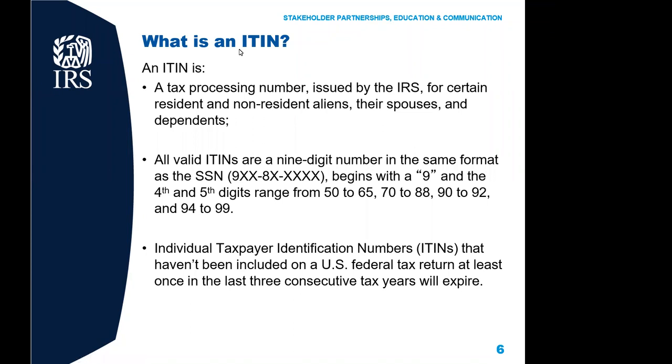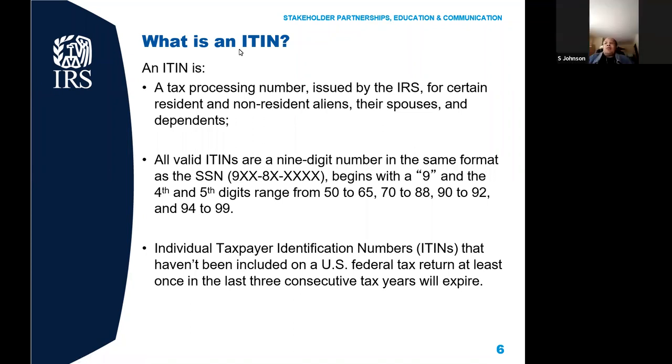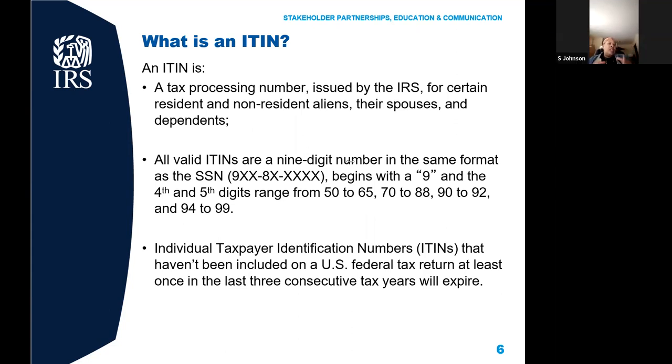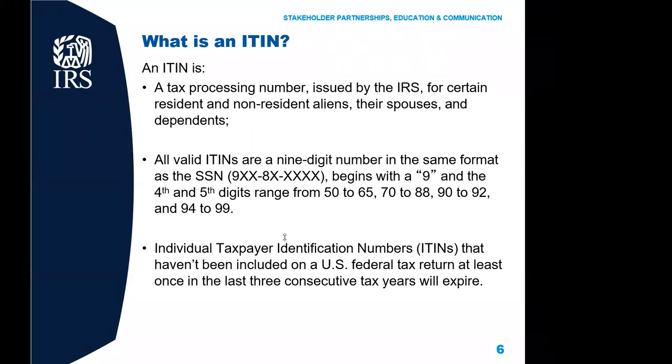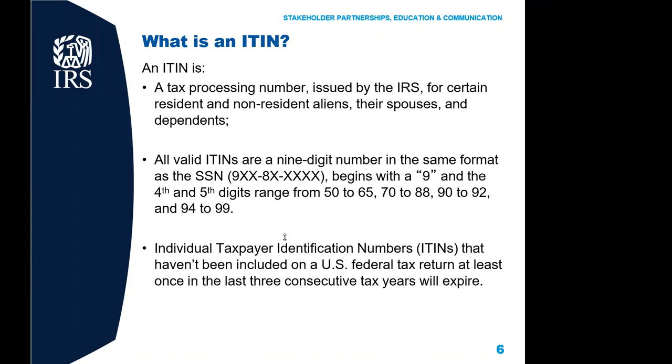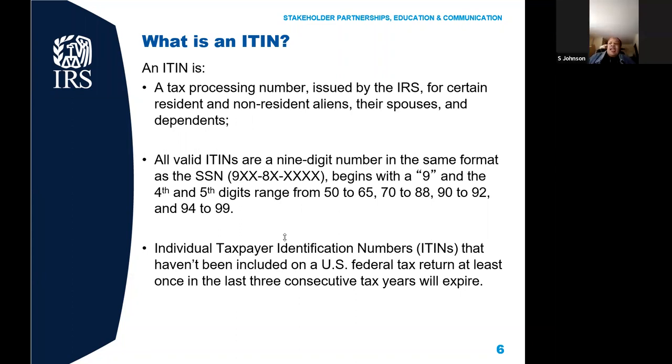Valid ITINs are 9-digit numbers in the same format as the Social Security number. It begins with a 9. The middle digits, the 4th and 5th digits, vary between 50 to 65, 70 to 88, 90 to 92, and 94 to 99.